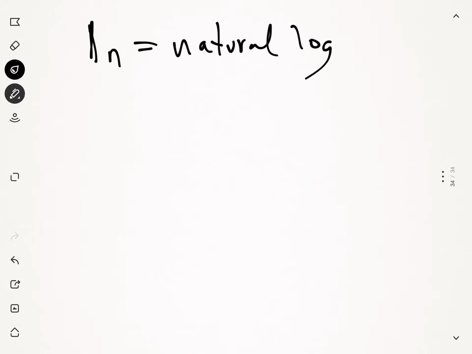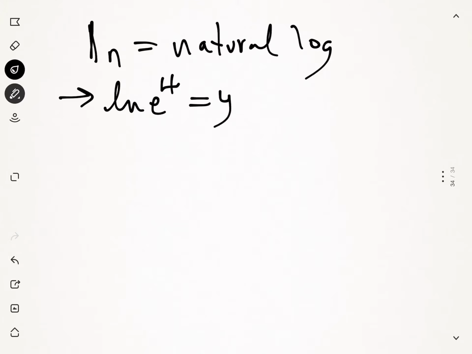All right, what about natural logs? So natural logs have a symbol with ln. That's our symbol for natural log. Okay, so the problem is natural log of e to the fourth equals y.